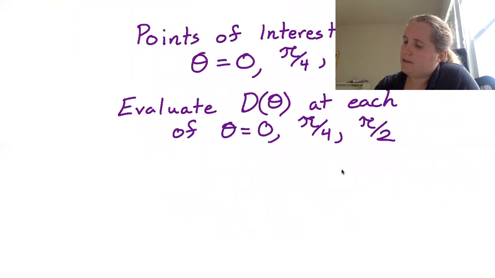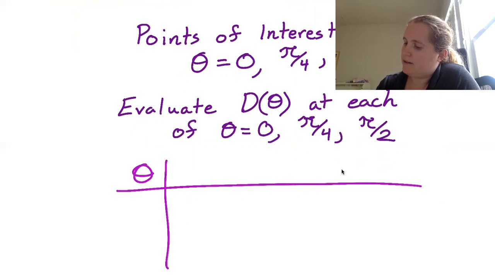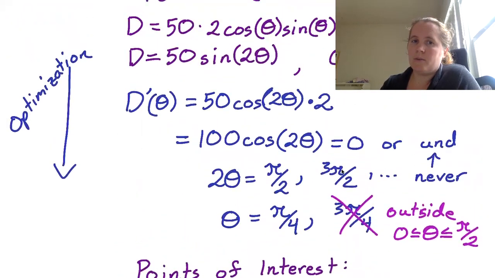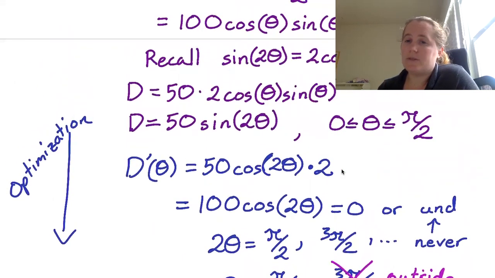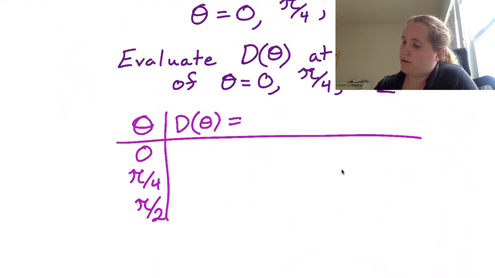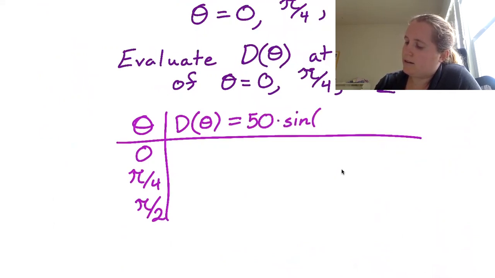So again, we'll have our theta and our d of theta. We're looking at 0, pi over 4, pi over 2. And distance of theta, again, remember our distance was 50 times sine of 2 theta. So we are looking at 50 times sine of 2 times theta.